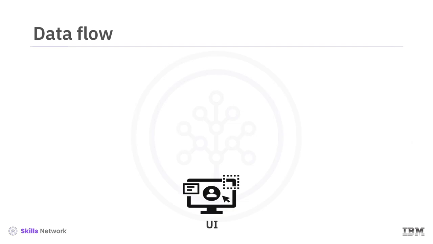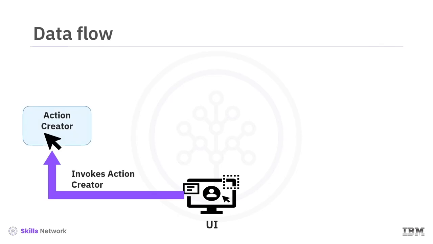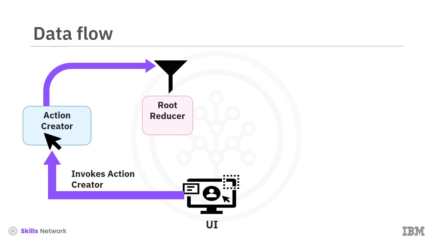The flow of data in a React Redux application begins at the component level when the user interacts with the application UI. This interaction leads to the action creators dispatching an action. So when an action is dispatched, it is received by the root reducer of the application and is passed on to all the reducers.